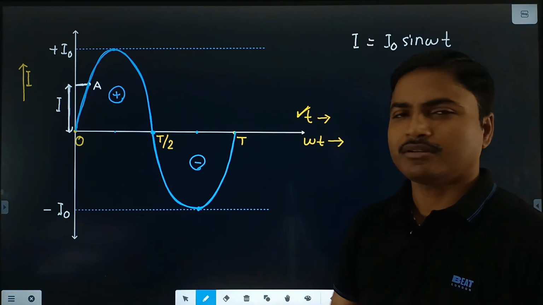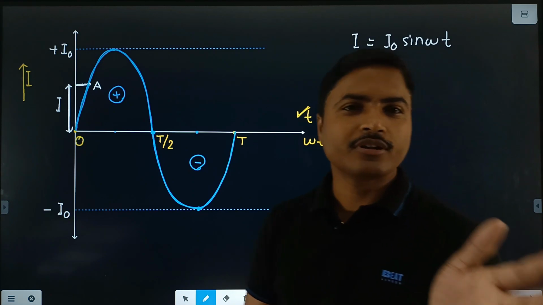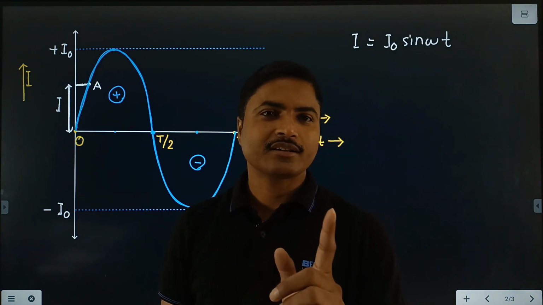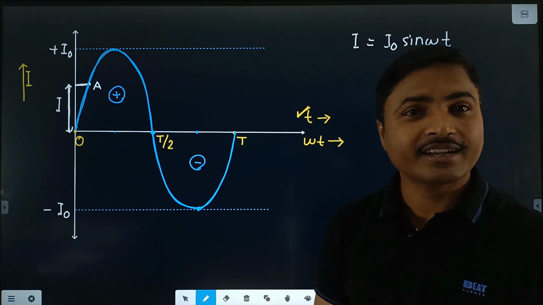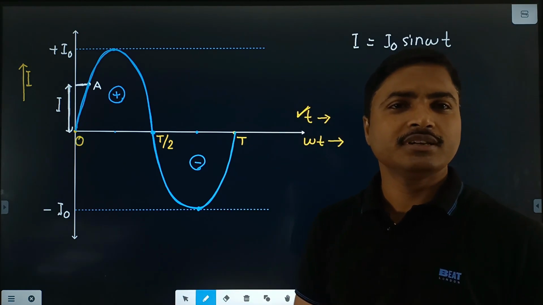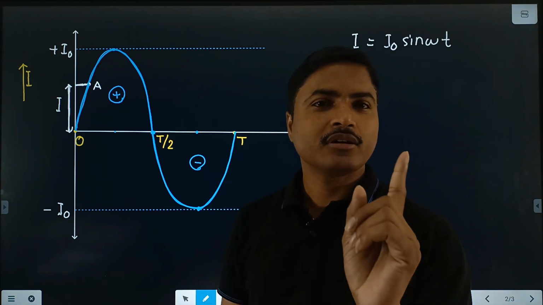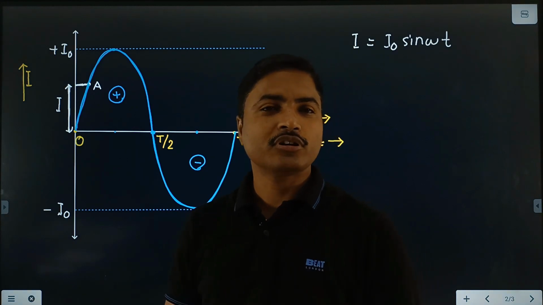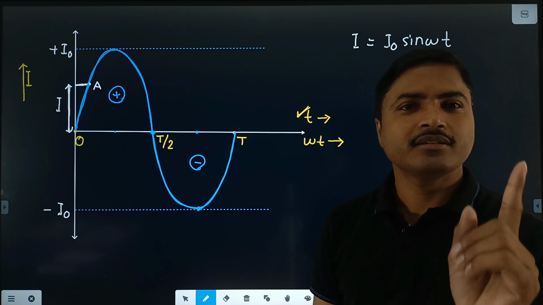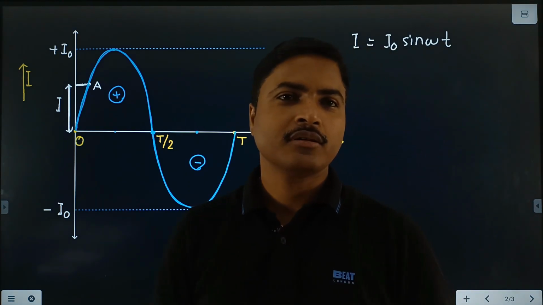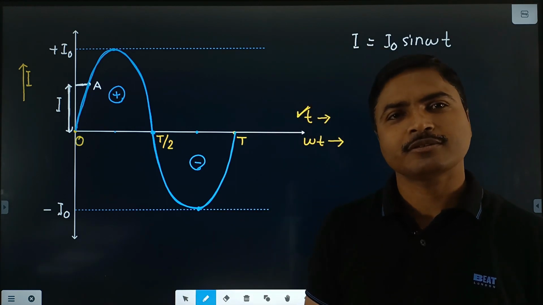And always, if for one cycle the average value or mean value is 0, then we cannot measure alternating current or alternating voltage by using an ordinary DC ammeter or ordinary DC voltmeter. Clear? That means by using an ordinary DC voltmeter we cannot measure alternating voltage.